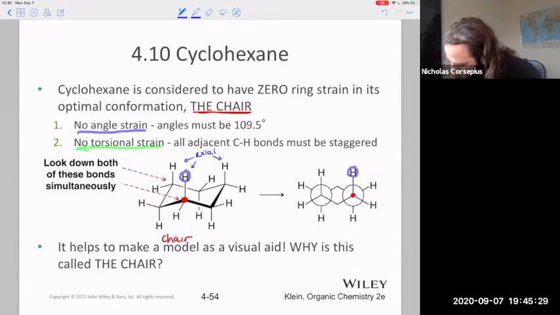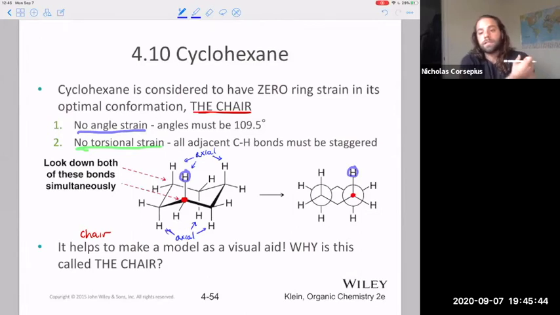You can also have axial down. So they're axial up and axial down. Three axial up hydrogens, three axial down hydrogens. So that's that hydrogen.